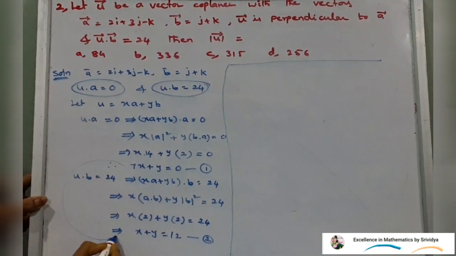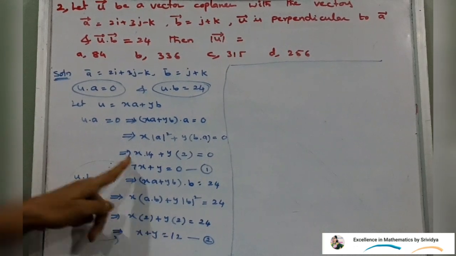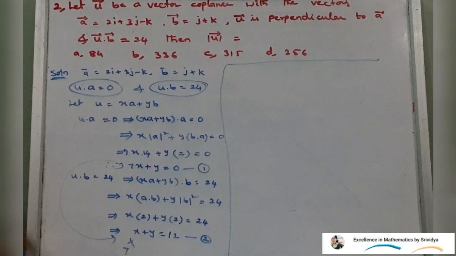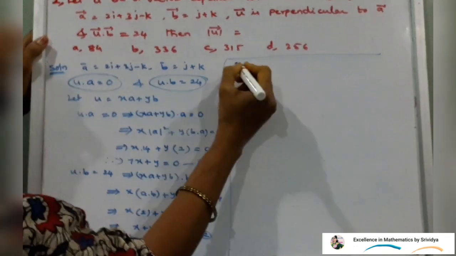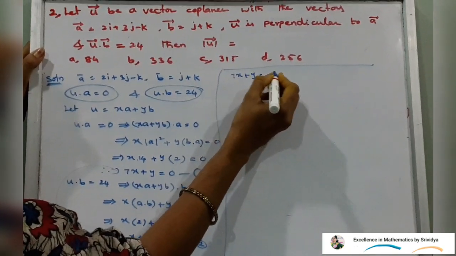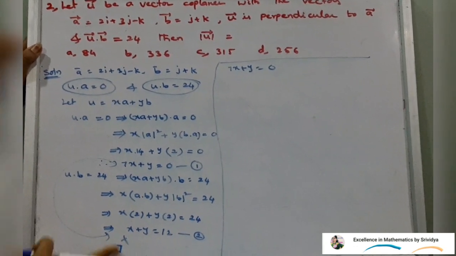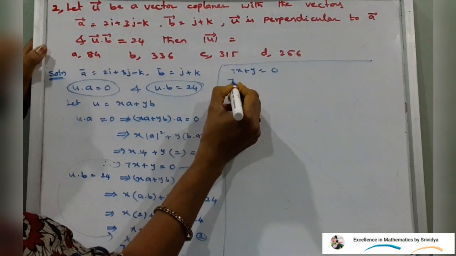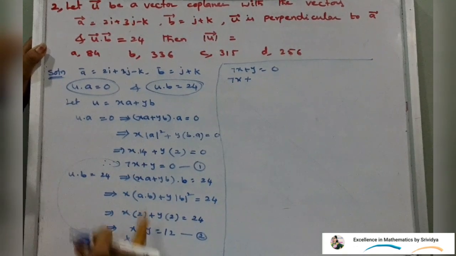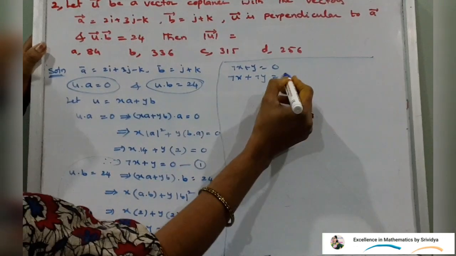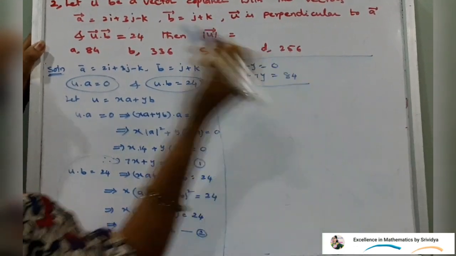First we eliminate x here. We have to eliminate x, so multiply equation 2 by 7 on both sides. First equation: 7x plus y is equal to 0. Equation 2 multiplied by 7 gives 7x plus 7y is equal to 12 into 7, which is 84.